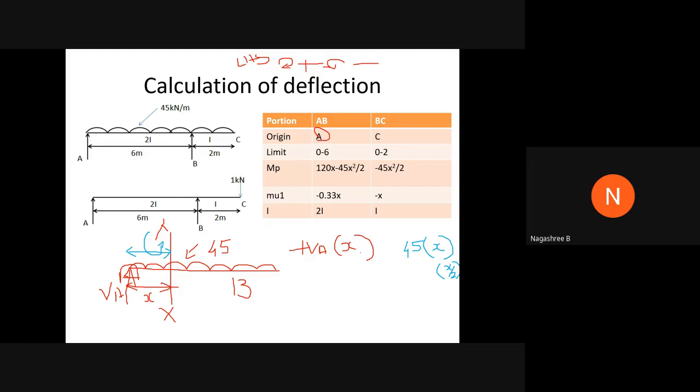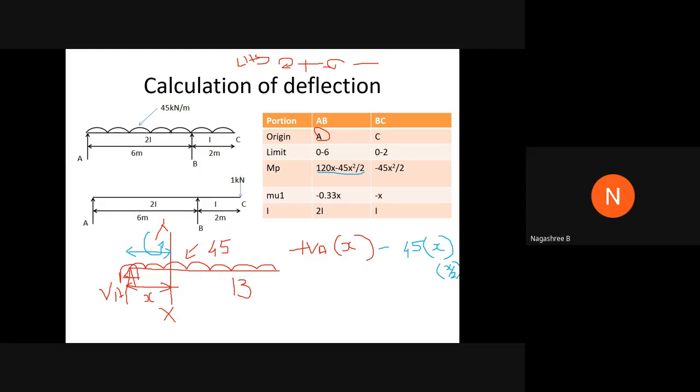Therefore it should be considered negative. So this value is VA into X, where VA is 120 due to the real load, so 120 into X minus 45 into X by 2, which is 45 X squared divided by 2.